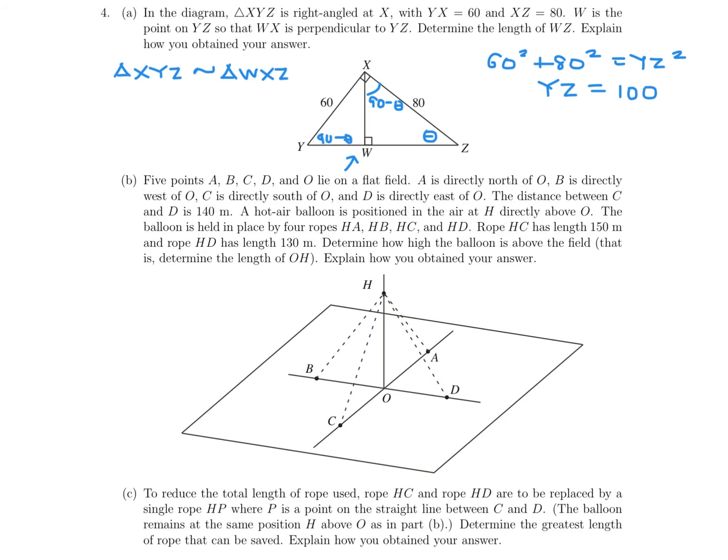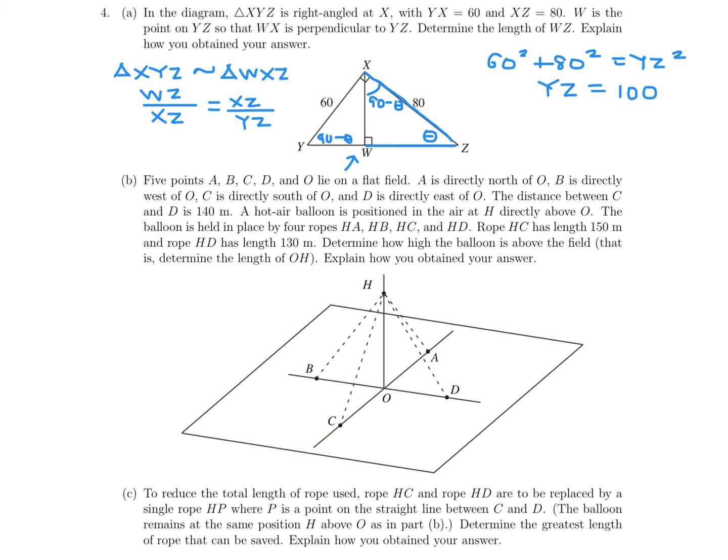Therefore, the relationship can be created by using the sides. For example, WZ over XZ is the same as XZ over YZ, because WZ represents the 90 minus theta side on triangle WXZ, and XZ represents the 90 minus theta side on triangle XYZ.